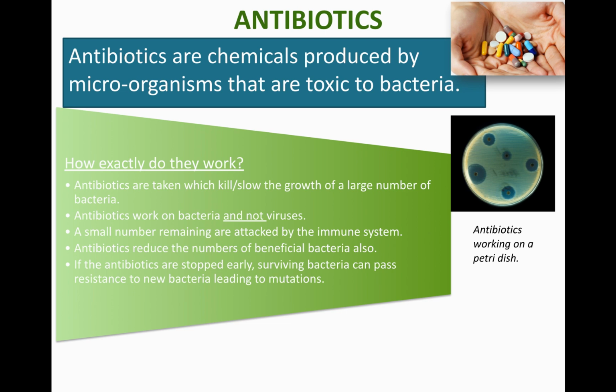Well, the antibiotic is, as we know, produced by a bacterial cell, and it is released into the environment around it. This will kill many other bacteria, especially immature bacteria. It'll slow the growth.